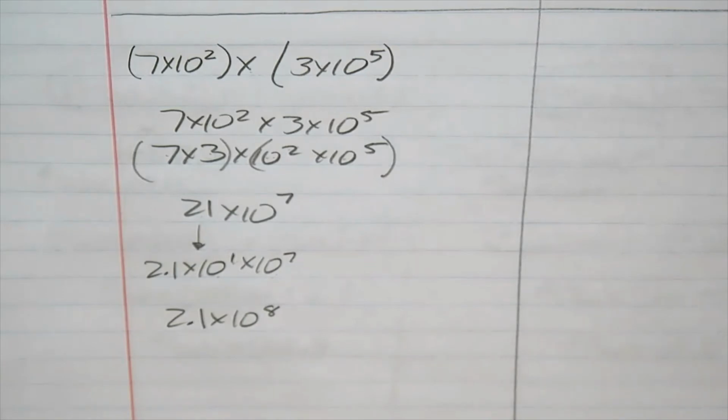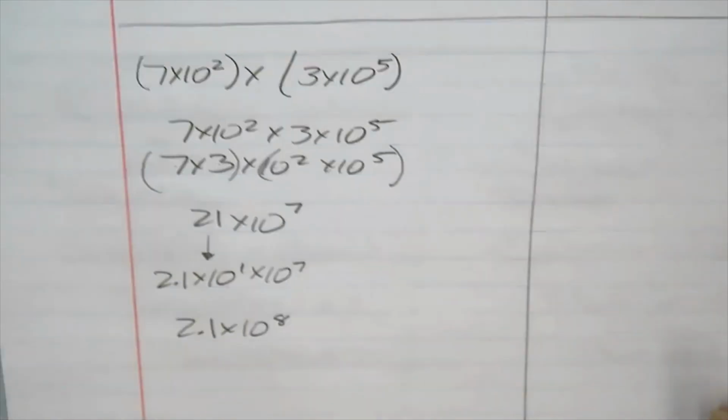So I've got 3 multiplying examples. How about if I do dividing on a separate page? So here we go.